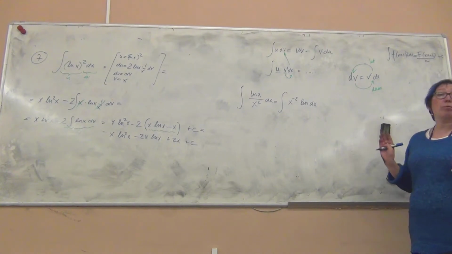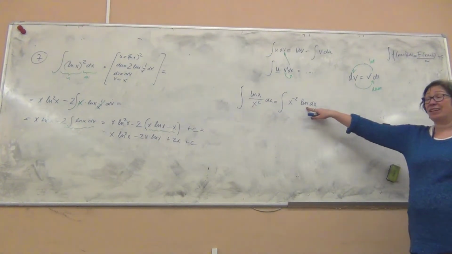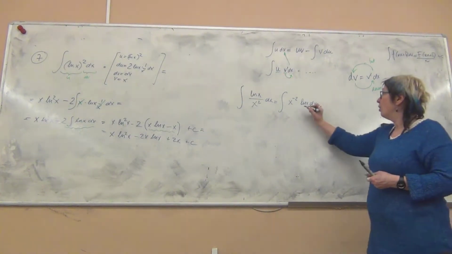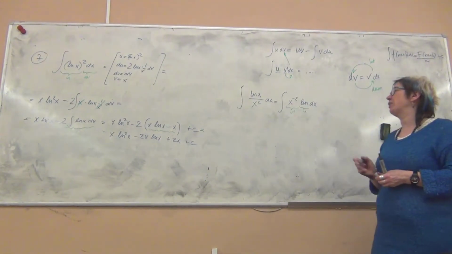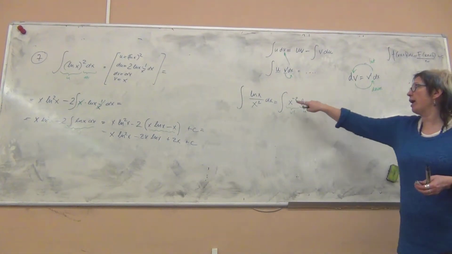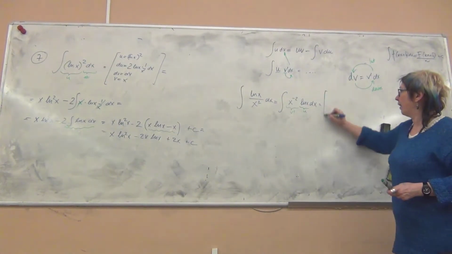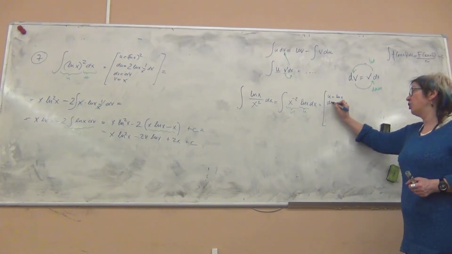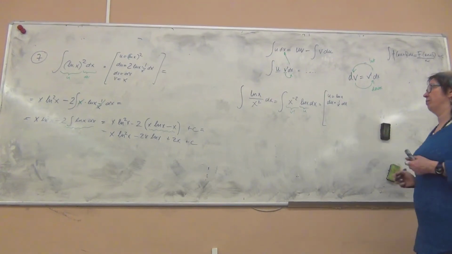Now we have a product, and we have to remember ln x never becomes v, so ln x must be u. So this is the u function, and this is the v derivative. Taken with dx, it will form dv.